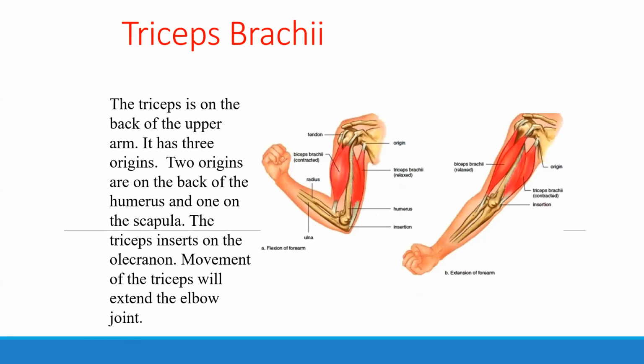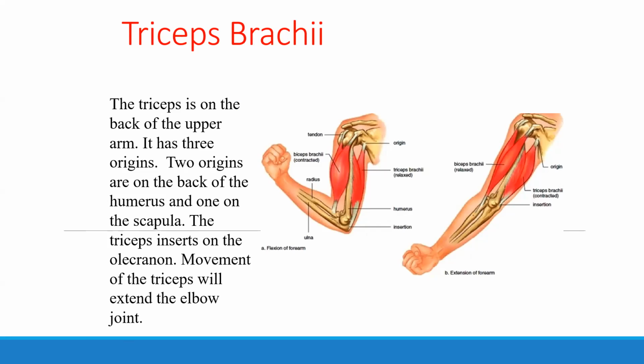Triceps brachii is involved with extension. The triceps brachii has its origin on the scapula, and it inserts on the olecranon process. So take your arm, stick it straight out, flex it, bring your fist back to your shoulder, and now you can't go around all day like this with your arm bent at the elbow.